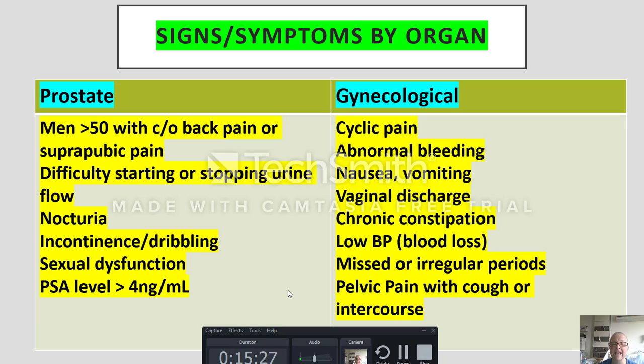Gynecological: cyclic pain, abnormal bleeding, nausea and vomiting, vaginal discharge, chronic constipation, low blood pressure, missed or irregular periods, pelvic pain with cough or intercourse.